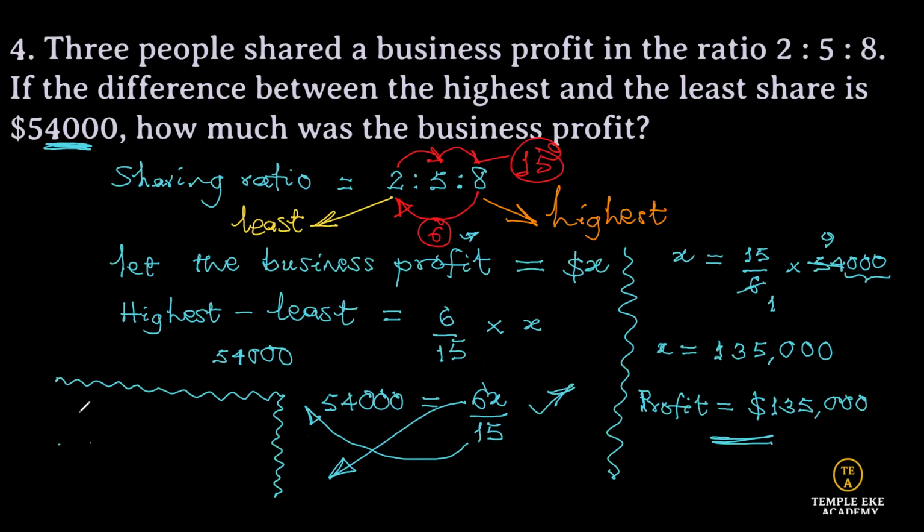Cross multiplying, you have 6x equals 54,000 multiplied by 15. And now you can make x the subject of the formula, dividing both sides by 6. So you have 54,000 multiplied by 15 and divided by 6, which gives the same answer, $135,000. Very simple. Let us move on.